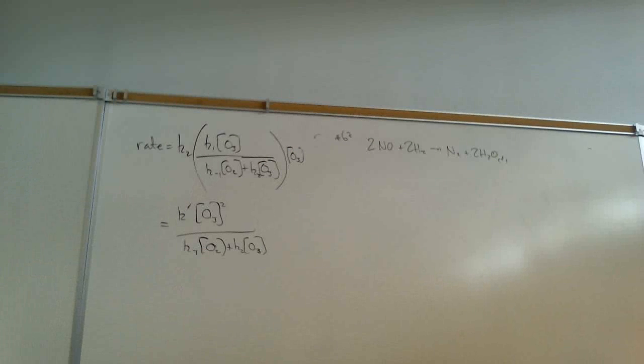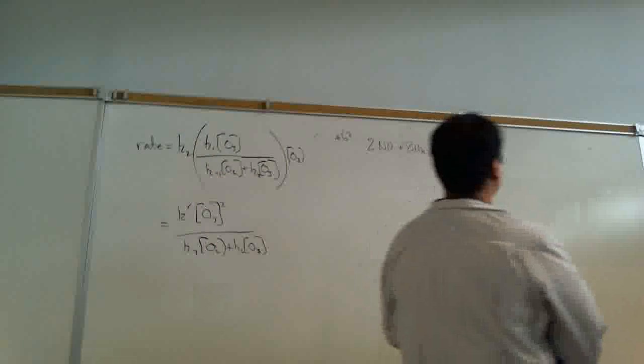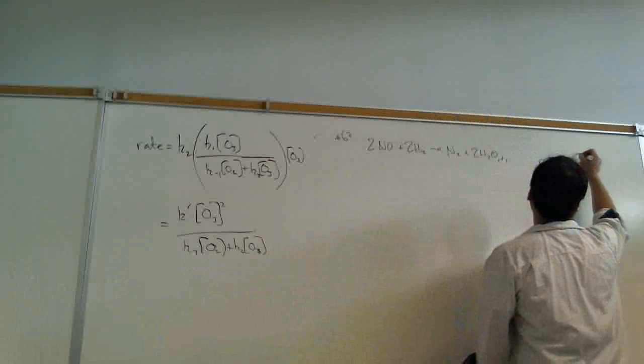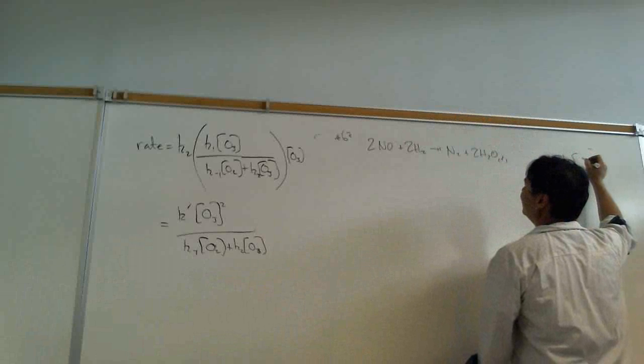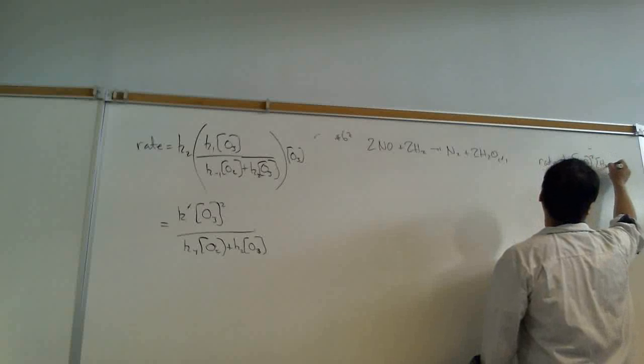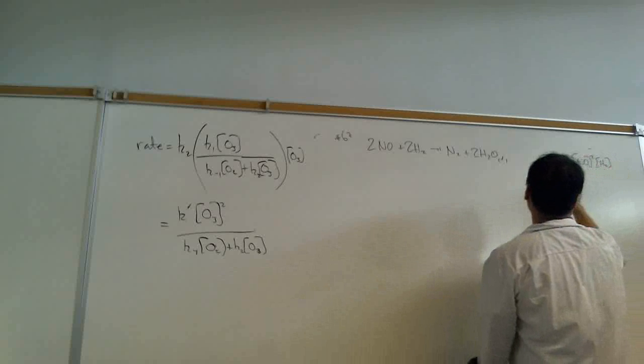What is it asking for? They say it's second order in NO and third order in hydrogen, and they ask to propose a 3-step mechanism. Second order in NO, first order in hydrogen, and they want a 3-step mechanism? Yeah.